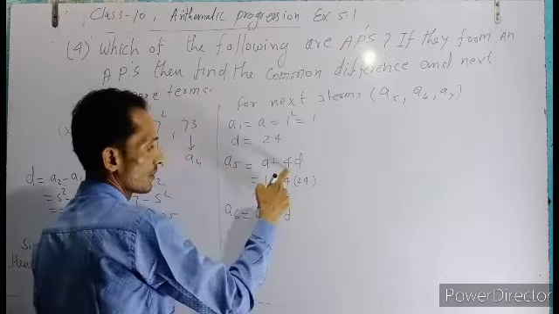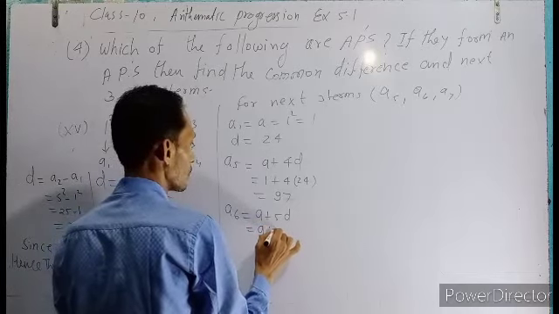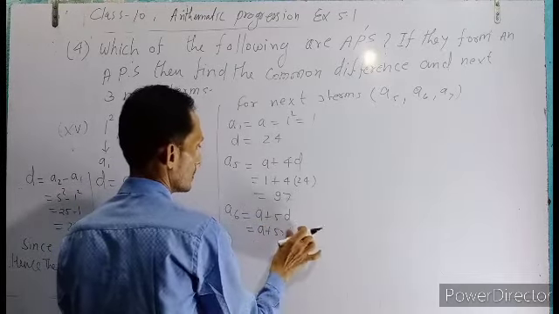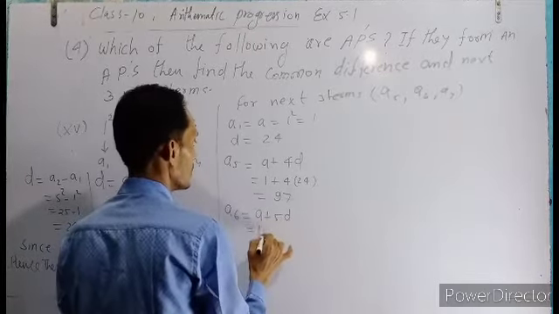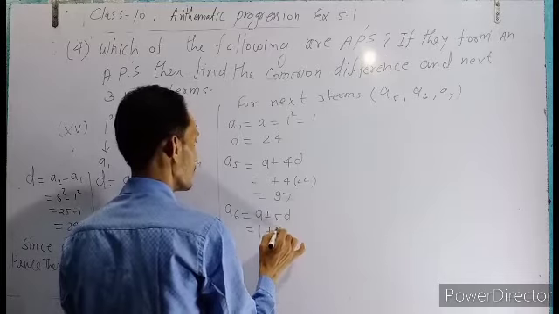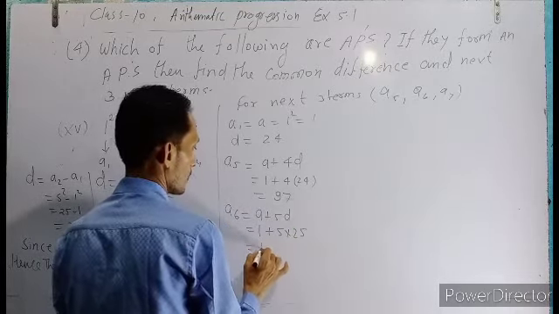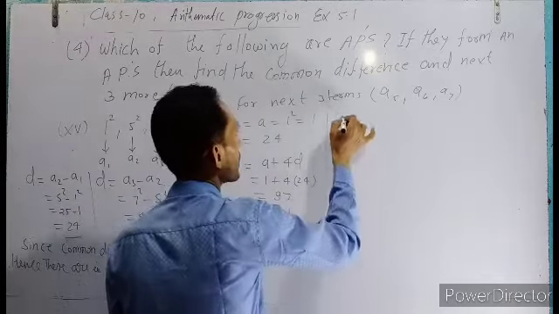Similarly, A6 equals A plus 5D. So A is 1 plus 5 into 24, that is 121. Similarly, A7 you can find.